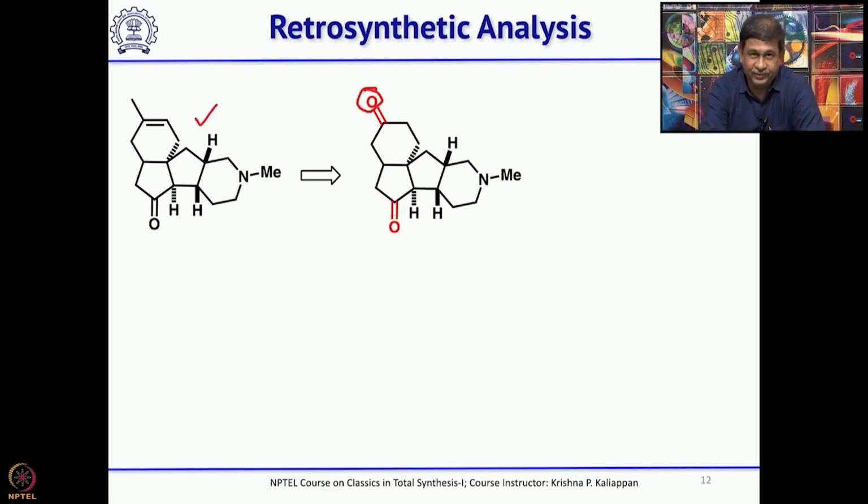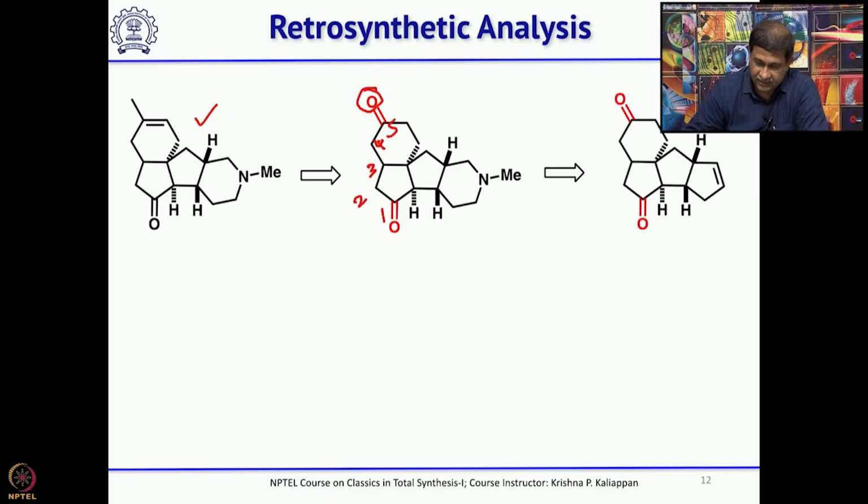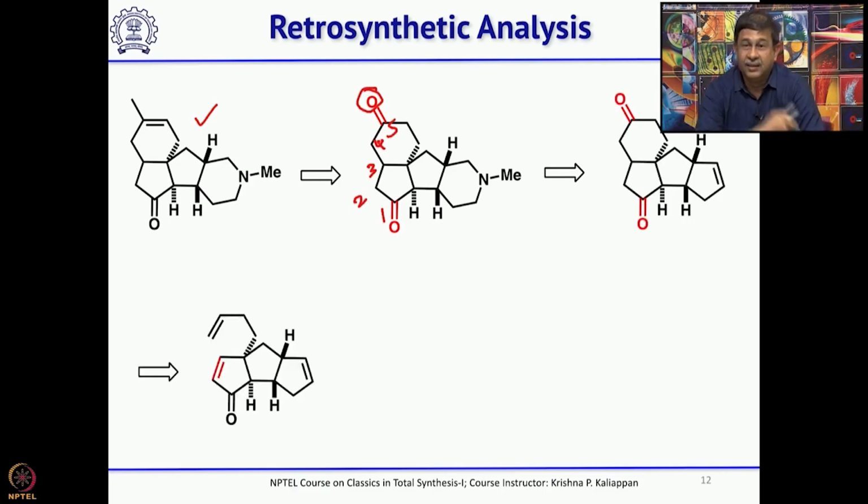And this diketone, if you look at carefully, it is 1, 2, 3, 4, 5. It is a 1,5 diketone. So, whenever you see a 1,5 diketone in a natural product, immediately the Michael reaction should come to your mind. So, obviously the precursor for this could be the corresponding diketone.